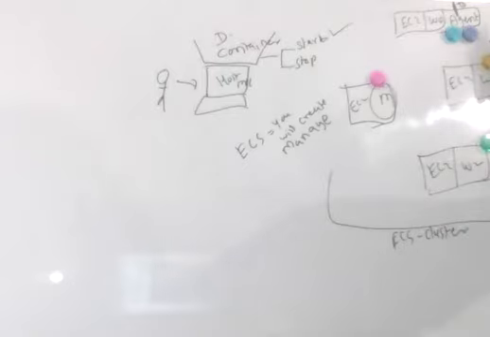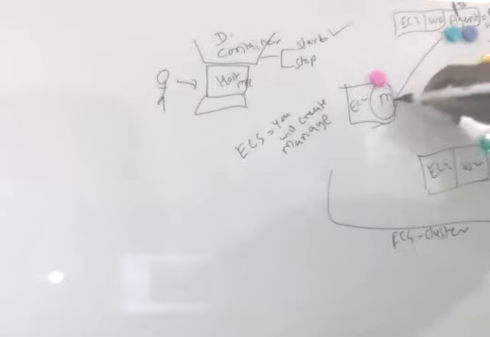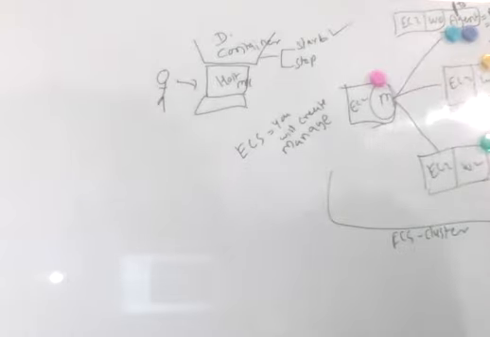When I say there is an agent, that agent registers itself on the cluster. The agent will register itself and then it will run the task. It will register itself on the cluster, then only it will become part of that cluster, and then it will run the task.